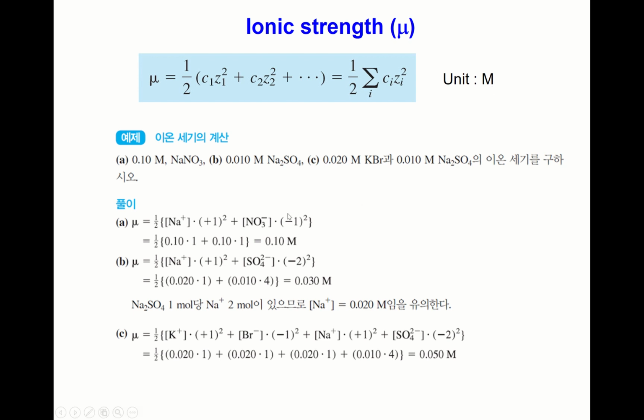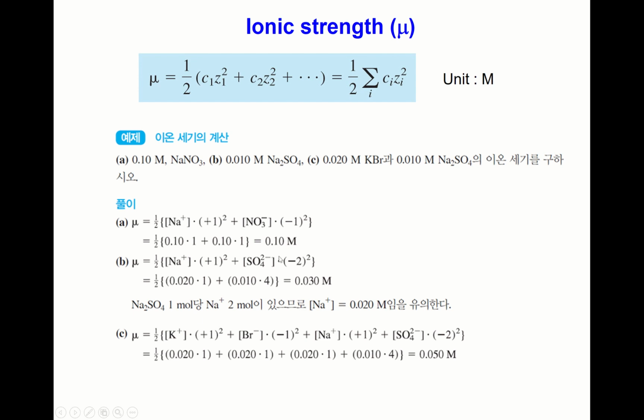Likewise, you calculate this sodium sulfate. It also completely dissociates in water, but when sodium sulfate dissociates, it leaves two sodium ions and one sulfate ion. Since the concentration is 0.01 molar, after dissociation the sodium ion concentration becomes twice, 0.02, but the sulfate ion concentration is the same as the molar concentration.